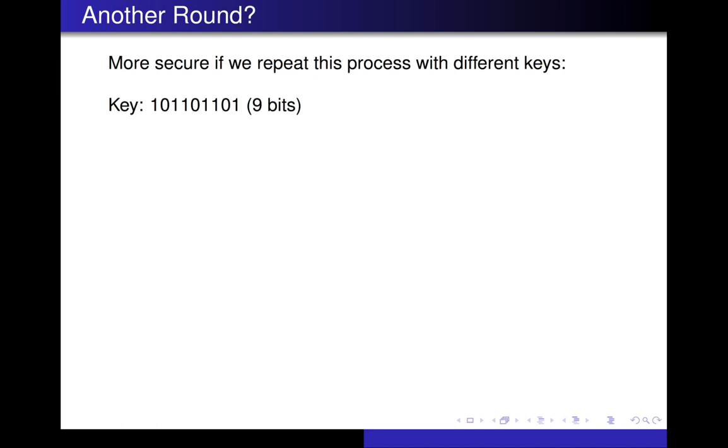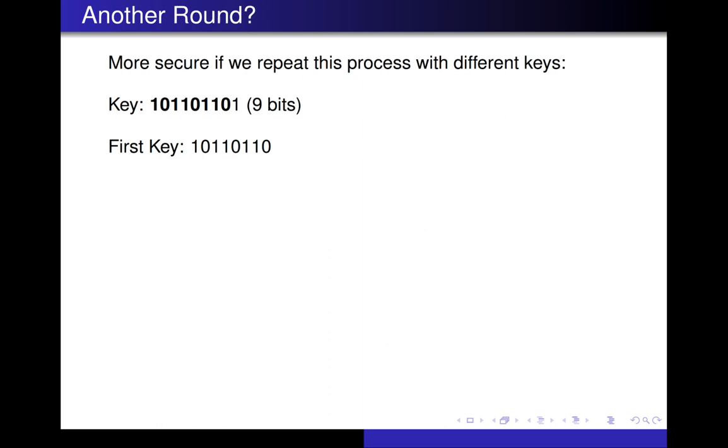So first of all, we're going to start with our key. In the round that we did, we used a key with 8 bits. But we're going to use a key with 9 bits instead, so that we can generate several different 8-bit keys. First, we do exactly what we did before: take the first 8 bits of our key, and that's the key we use in our first round.